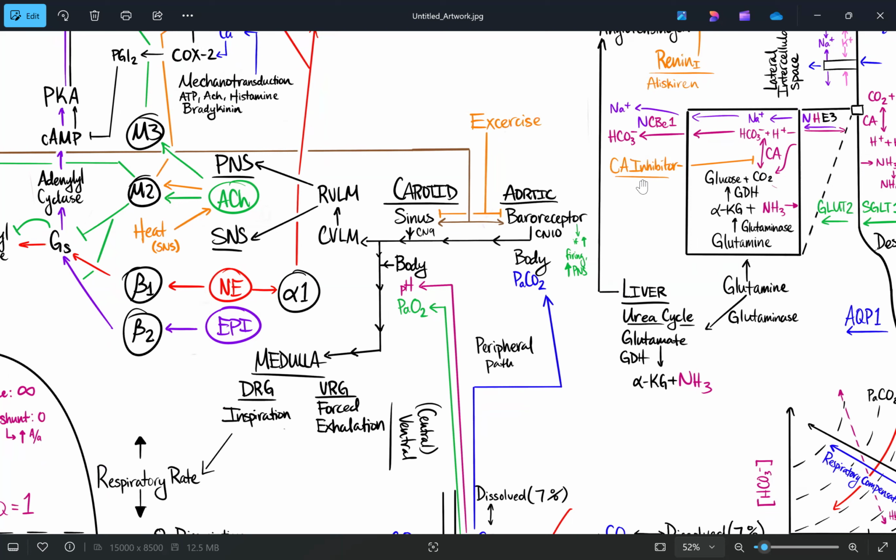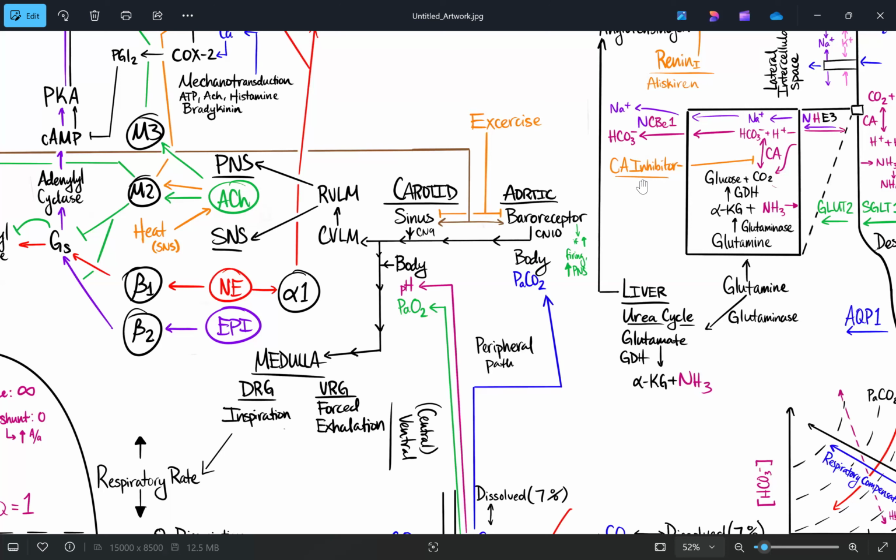So the aortic baroreceptor will go through cranial nerve 10, or your vagus. If your peripheral nervous system is increased, that means this will increase firing and therefore have more of an effect. The carotid sinus will also fire depending on what your pressure is.